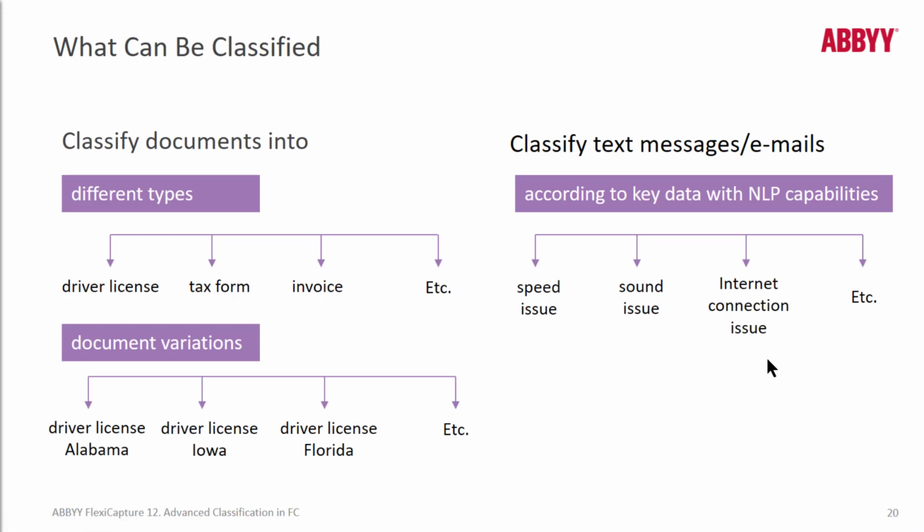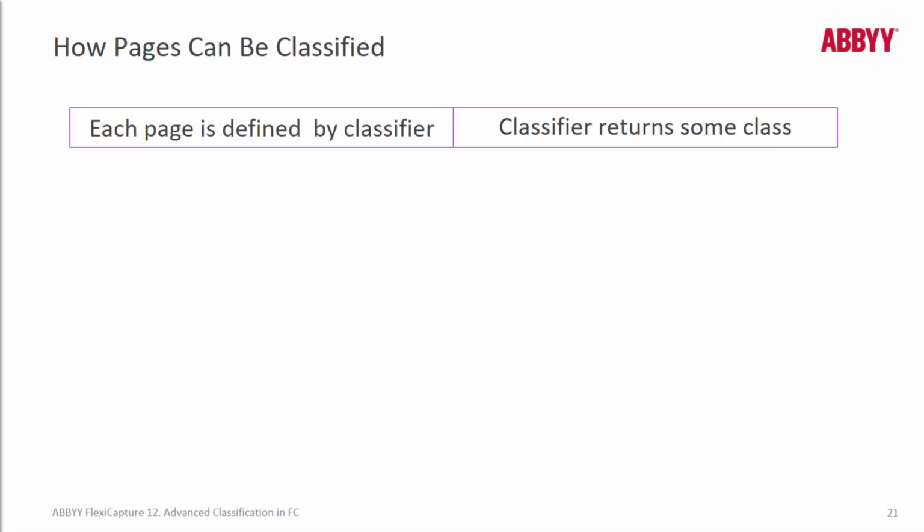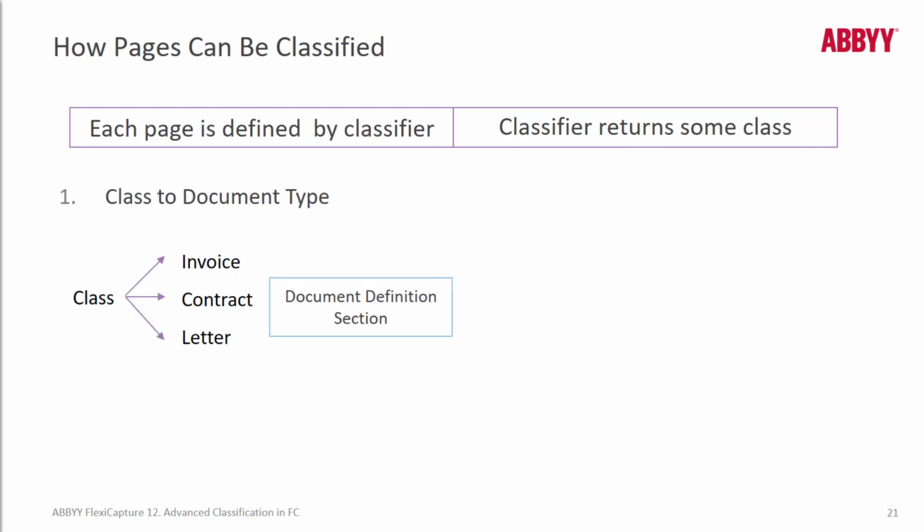How does the classifier process pages? As we mentioned before, the classifier works page by page. When a class is assigned to a document type, we are referring to a document definition section inside the document definition, the document structure.